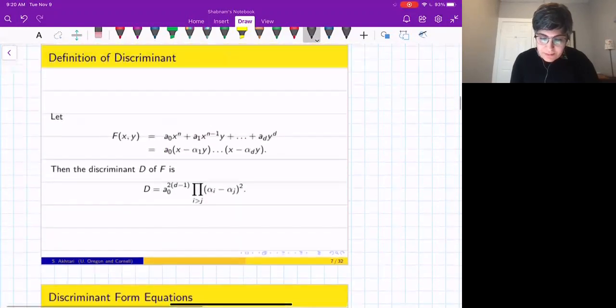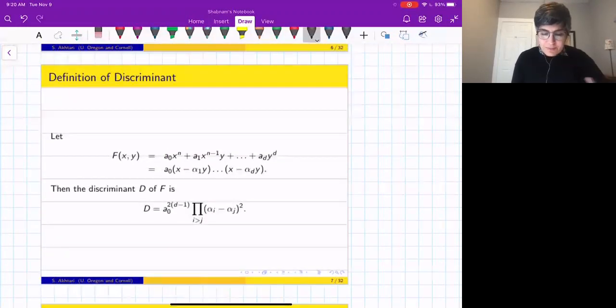I'm sure many of you are familiar with the definition of the discriminant, but I want to just remind you of that, because soon I talk about discriminant forms that are coming from this definition. With the quadratic case that I just discussed, if you have a quadratic polynomial, the discriminant is our beloved b squared minus 4ac that we have been talking about since we started doing math, basically. But on this page, I wrote the discriminant for a binary form, a form in two variables, x and y.